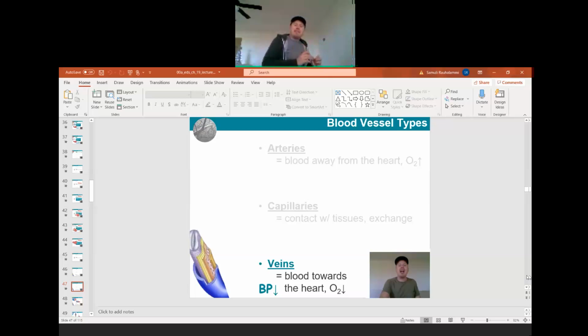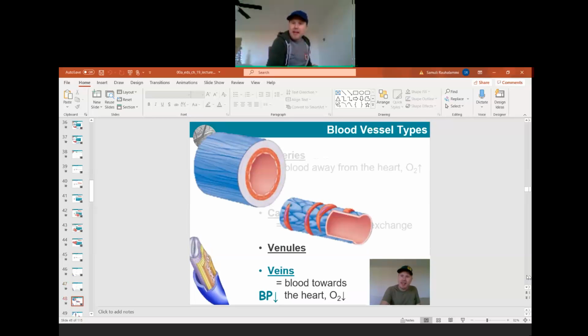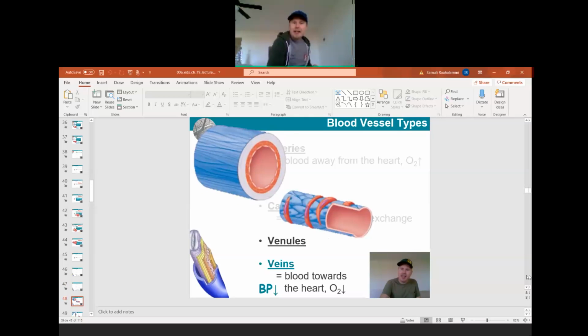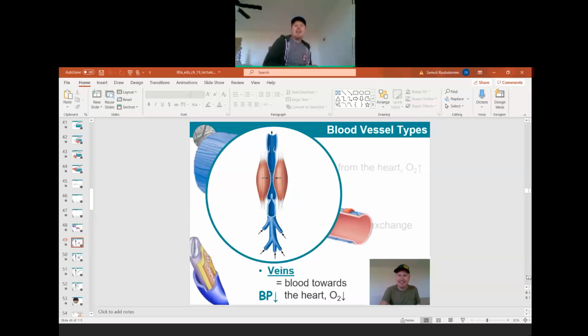The secret for getting the blood back to the heart from the veins is really an adaptation that we see on the walls of the veins. And this adaptation is going to be having valves in there.